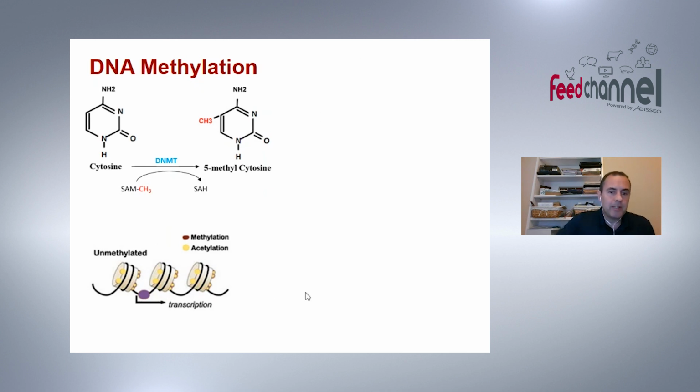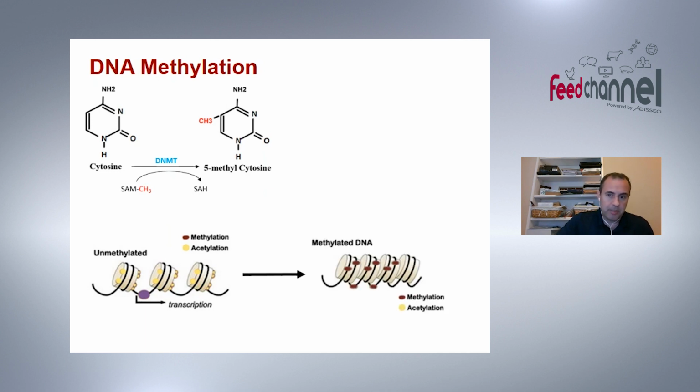And if this chromatin is loose and usually not methylated, it can undergo transcription to generate the message for subsequent protein synthesis. But if it turns out that some of those genes become methylated, such as in the example that I provided before, the addition of methyl groups prevents normal gene transcription.